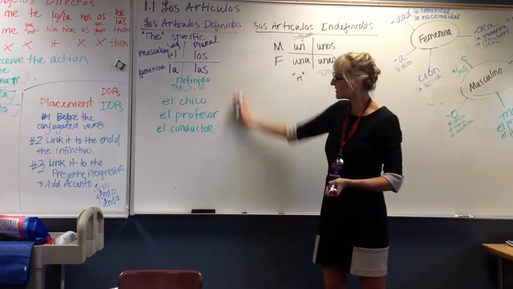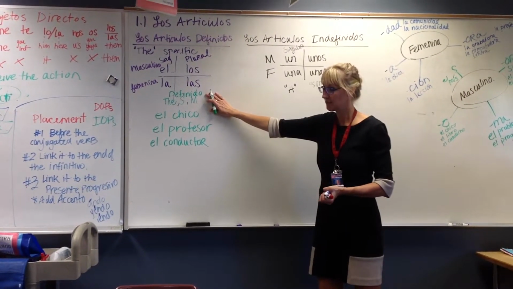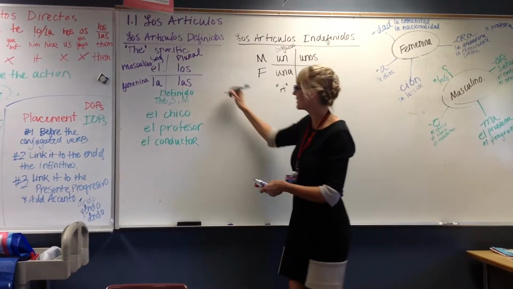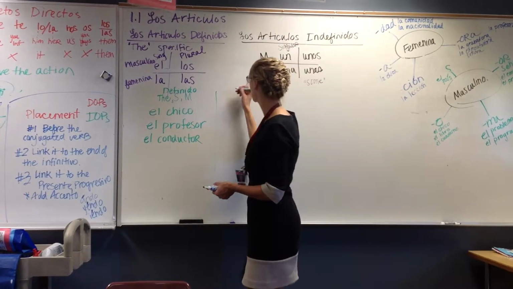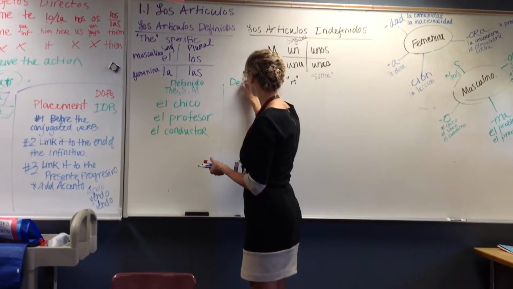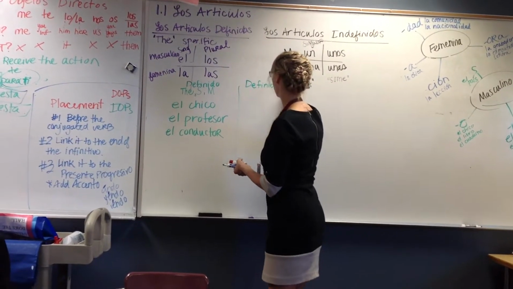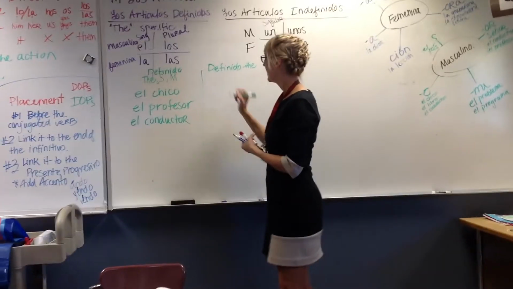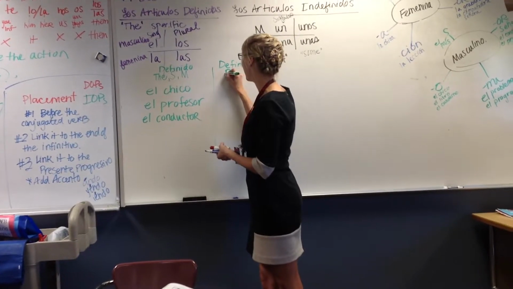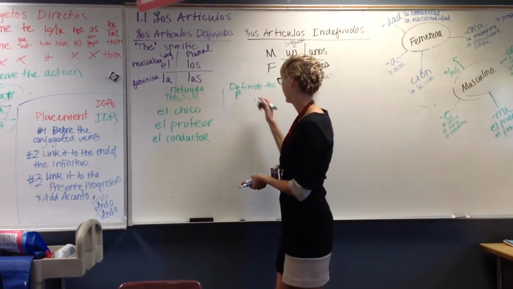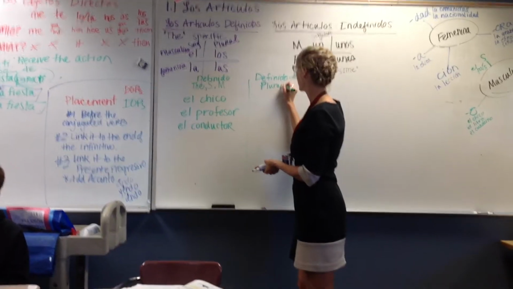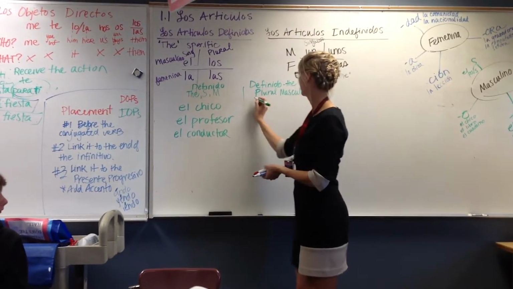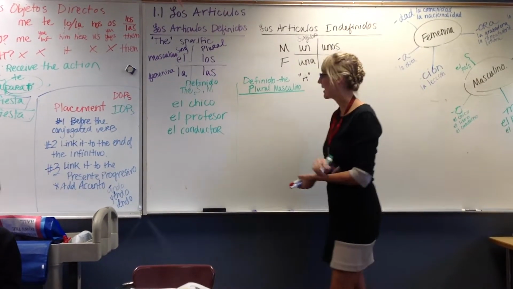So, this column here is definite, which means it means the. It is singular, and it's masculino. Now, your next column, I want you to do definido. So what's it going to mean? Definite. And so what is it going to mean in English? The, right? I want you to do plural, and masculino now. Okay?